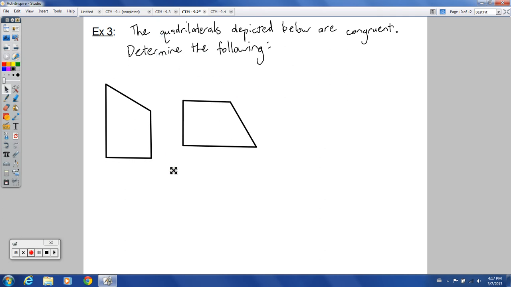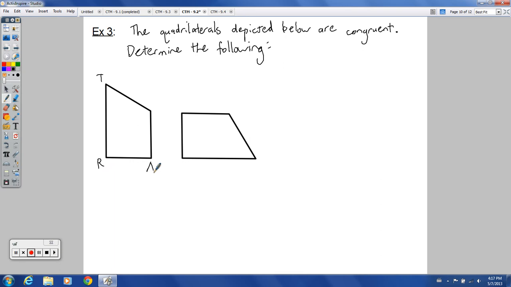So it's congruent, they're all matching up. Let's call this one T, R, A, and P. And then over here, this will be Z, O, I, and D. So I kind of spelled trapezoid, but I left out the E. And let's say this one here is 20, and this one over here is 10.